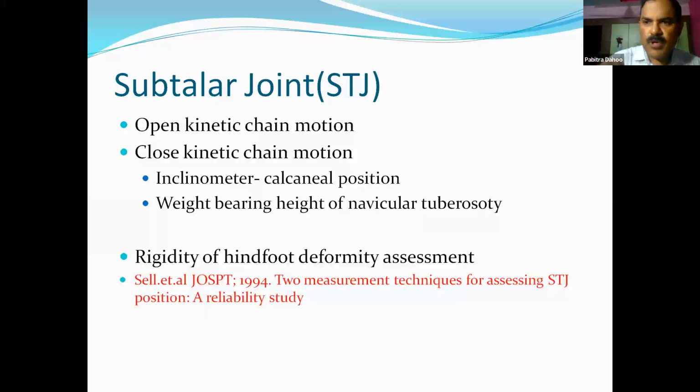So in the force of the gastrosoleus, there occurs a break at the mid-tarsal joint level. It may be at the talonavicular joint level. The forefoot becomes everted, valgus out, and the hind foot remains in valgus. So that's about the distal part of the joint.